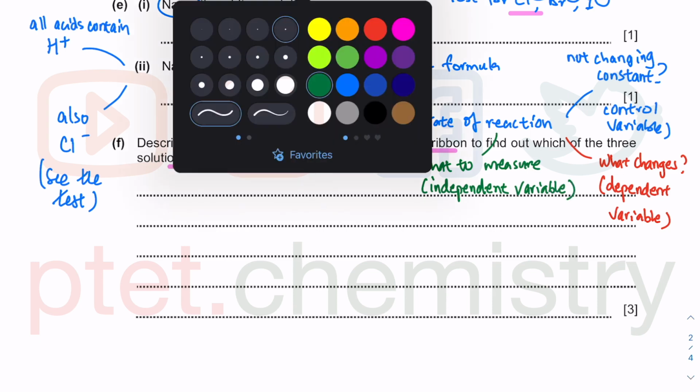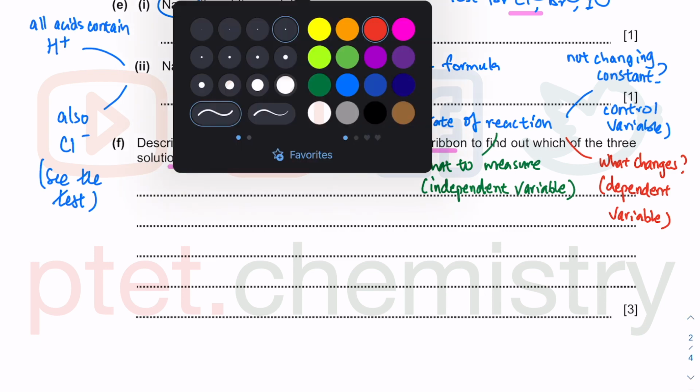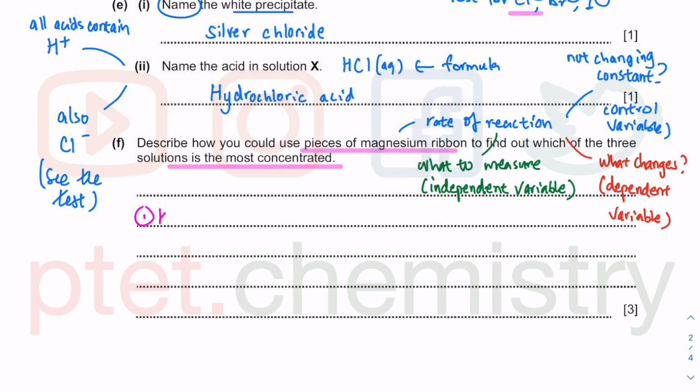So what do we need to keep constant? The first one, well, let me choose this color. Keep the amount of magnesium, the amount or the length or how much you use of the magnesium, constant, because you don't want that to change. What else? Keep temperature constant.